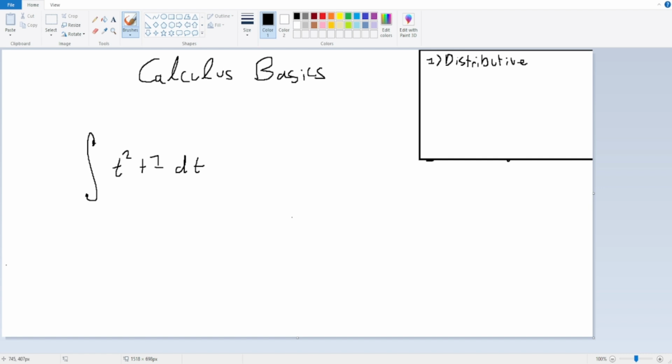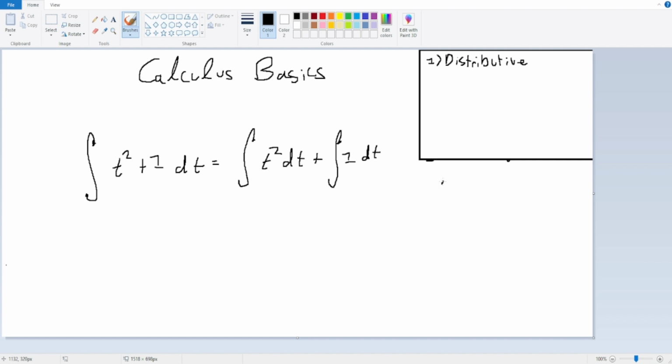And so in the same way that the derivative is distributive, integrals are also distributive. So we can split this up, because there's a plus in the middle, that's important. It doesn't work with times. It needs to be plus or minus. We can distribute it to these sets of integrals right here.